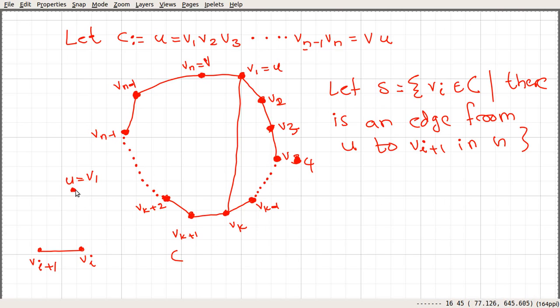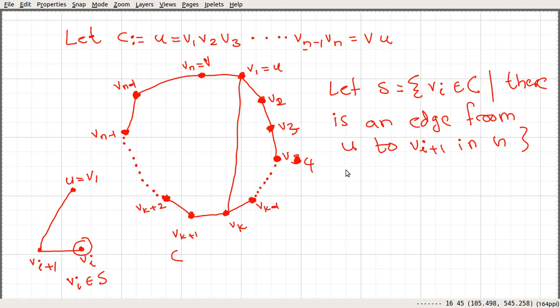If there is an edge between this vertex u, which is equal to v1, and vi plus 1, then we add this vertex vi to this set S. If this is the case, then vi belongs to S.